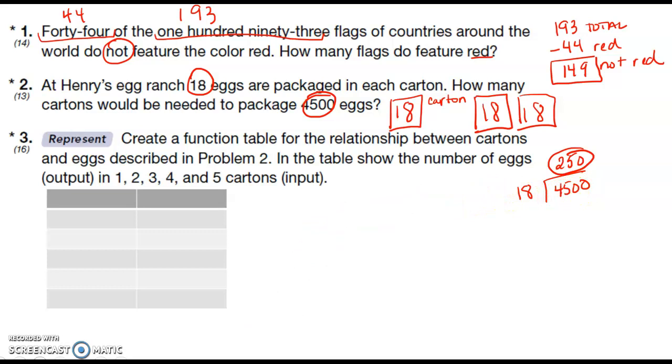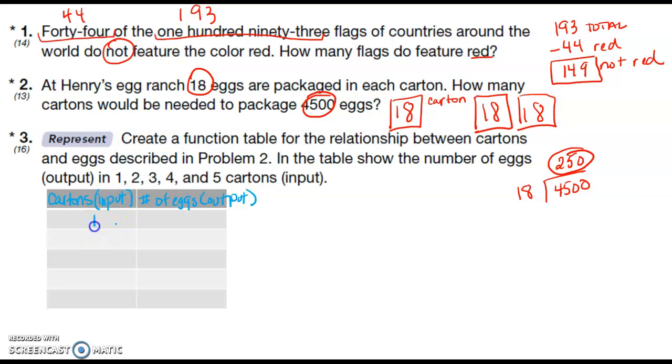All right, let's change colors for this next one. Create a function table, and I went ahead and put a table in here for the relationship between cartons and eggs. In the table, show the number of eggs, output. So number of eggs, this is the output. And this is cartons, carton, input.